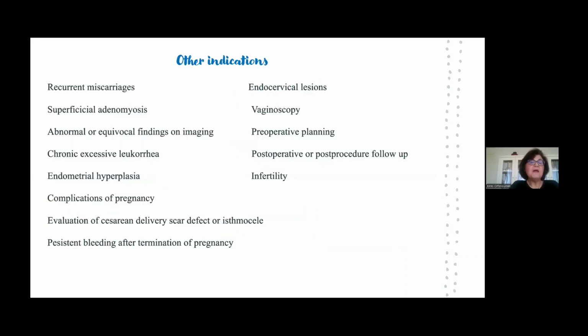Other indications for office hysteroscopy include recurrent miscarriage, superficial adenomyosis, abnormal or equivocal findings on imaging, chronic excessive leukorrhea, endometrial hyperplasia, complication of pregnancy, evaluation of cesarean delivery scar defect or isthmocele, persistent bleeding after termination of pregnancy, endometrial and endocervical lesions, vaginoscopy, preoperative planning, post-operative or post-procedure follow-up, infertility.